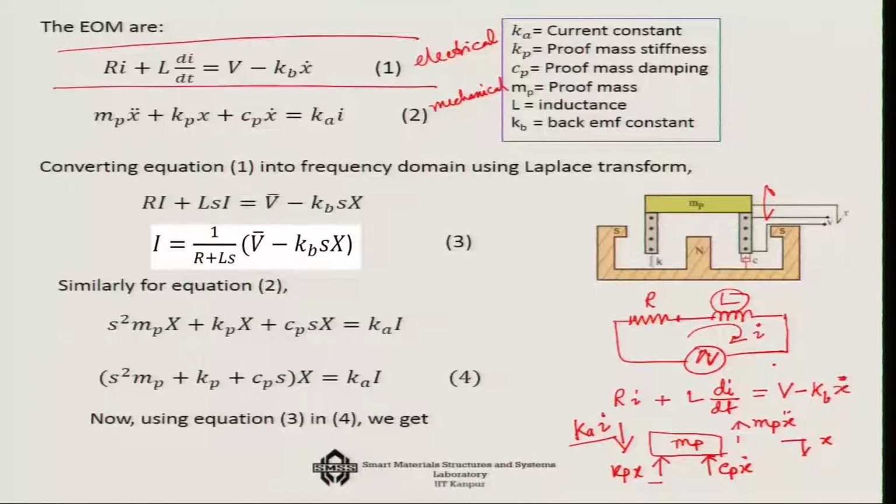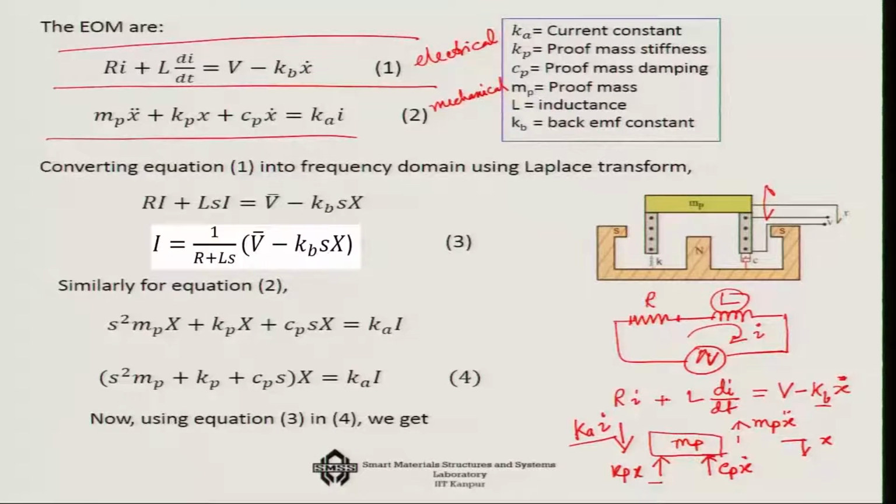So, if I pass more current, I get more Ka i and I get this part running, but once it runs very fast, my Kb also will increase. So, this is the mechanical part. If I consider this equilibrium, the mechanical part will be clear to you.